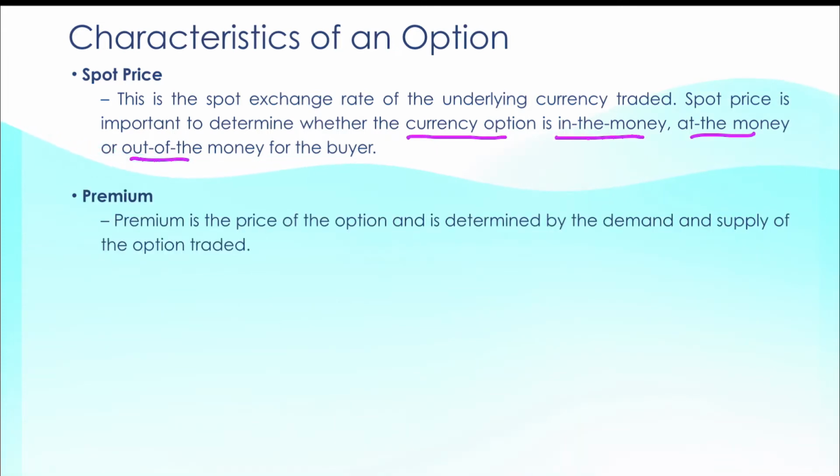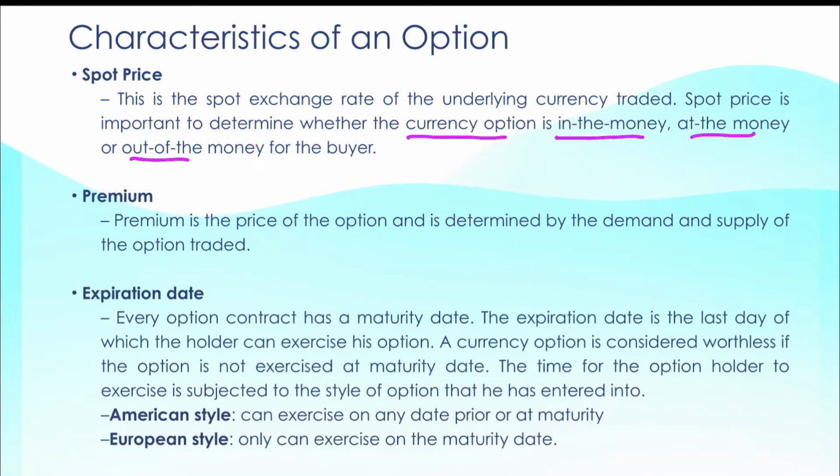Premium is the price of the option and is determined by the demand and supply of the option traded. Expiration date: every option contract has a maturity date. The expiration date is the last day on which the holder can exercise his option. A currency option is considered worthless if the option is not exercised at maturity date.